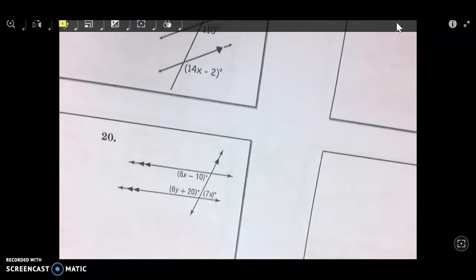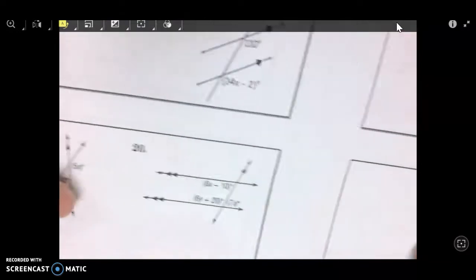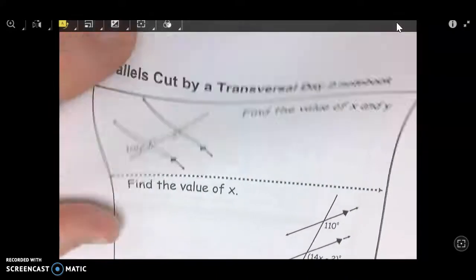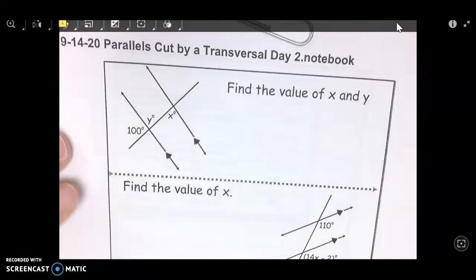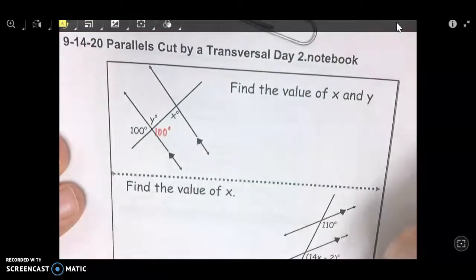Okay, so let's add some algebra to that. On this next question, it says find the value of x and y. So I see that this is 100, and then vertical to that would also be 100 degrees.